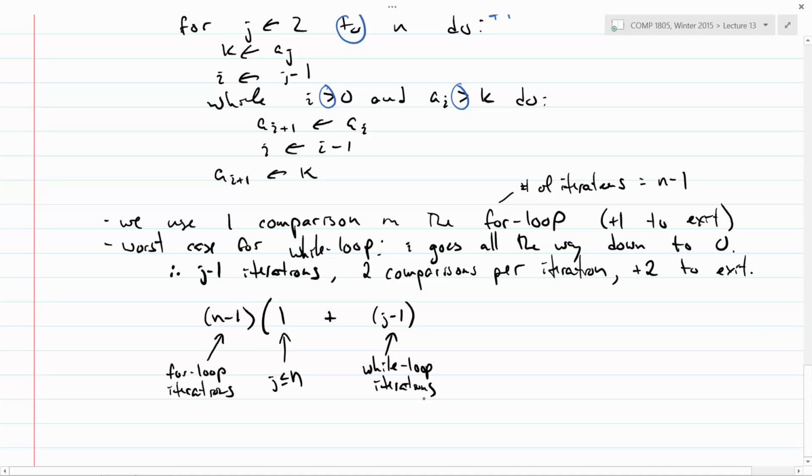And in each one of those iterations, how many comparisons do I do? Well, I do 2, right? I check i is bigger than 0, and a_i is bigger than k. So 1 plus 1. This one is i bigger than 0. This one is a_i bigger than k. And then I might have to do 2 to exit the loop.